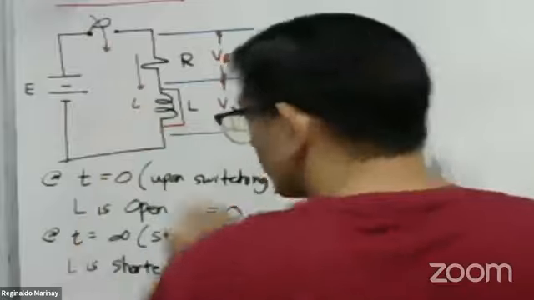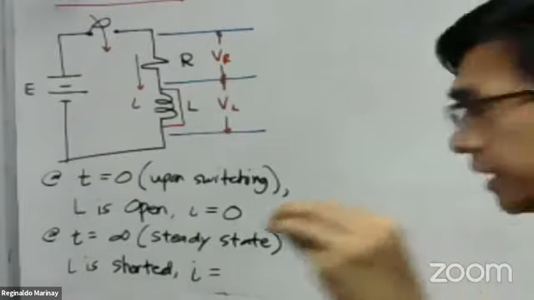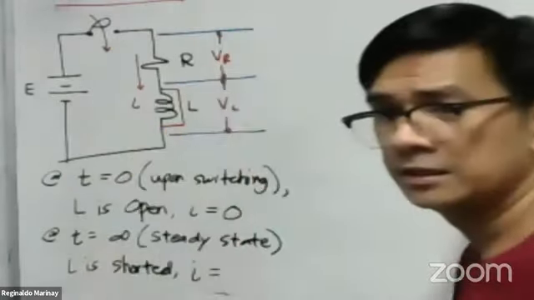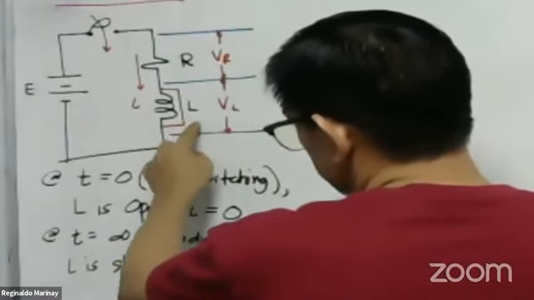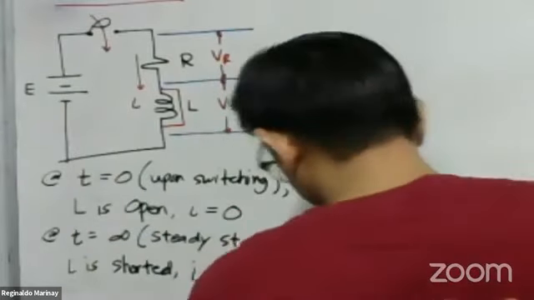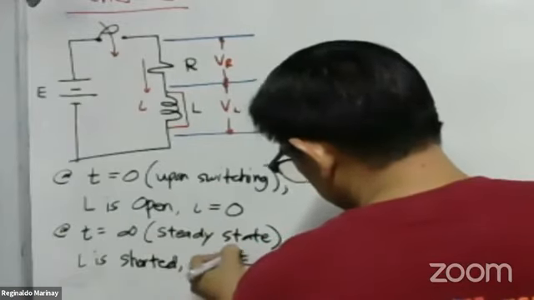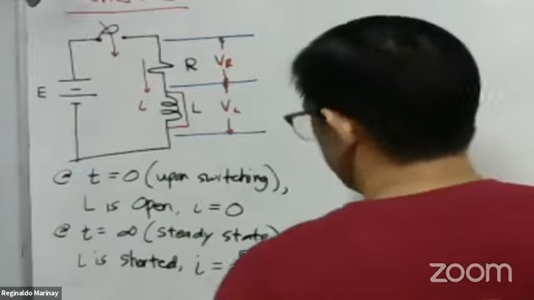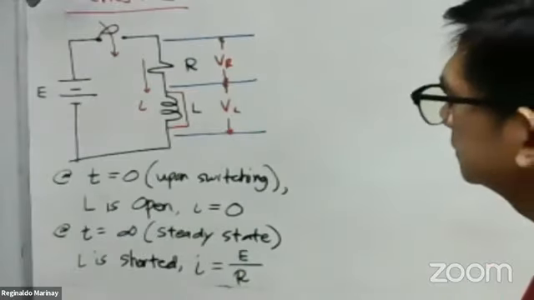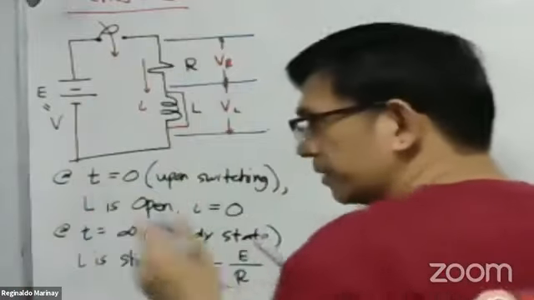It will not flow anymore to our inductor. So, what will be the value of I? It's simply V, or the voltage E, over R. Sometimes this is V. We can use V, we can use E. There's no problem about that.